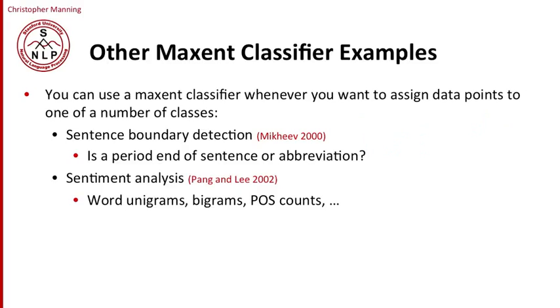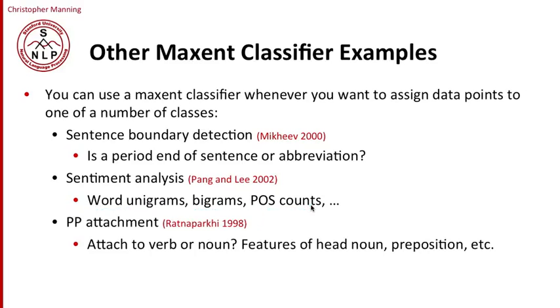We've already talked a bit about sentiment analysis as to whether someone is giving a positive or negative review, and we can make a discriminative classifier for that by putting in features for the words and perhaps other kinds of features like word pair features, different parts of speech, and things like that. Prepositional phrase attachment is the task of working out whether a prepositional phrase like with a beard is modifying a particular noun or verb, and that's getting us into the realm of syntactic decisions.